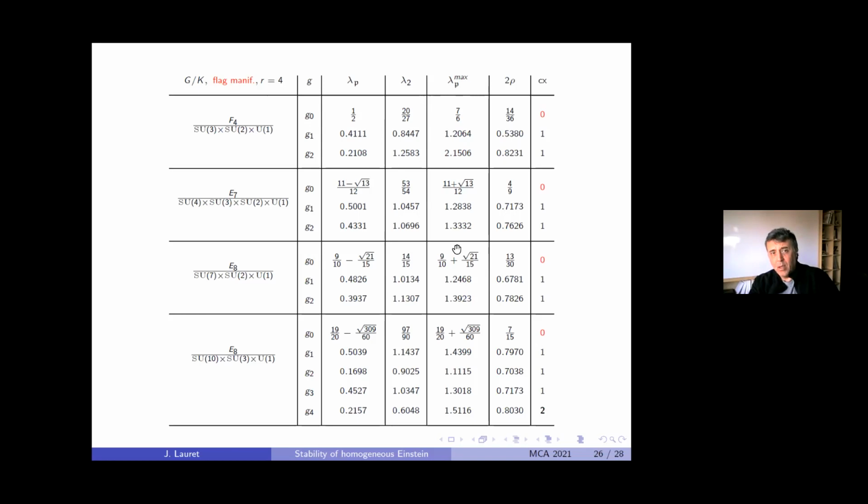When you get co-index 0 here, as you see, this is a Kähler metric, which is a local max, because the co-index is 0. The co-index is where the Hessian is positive. So the Hessian is negative, and yes, you get a local max for this Kähler Einstein metric.